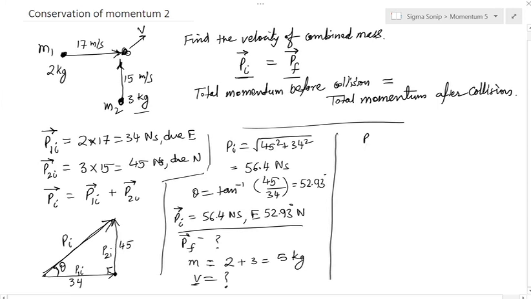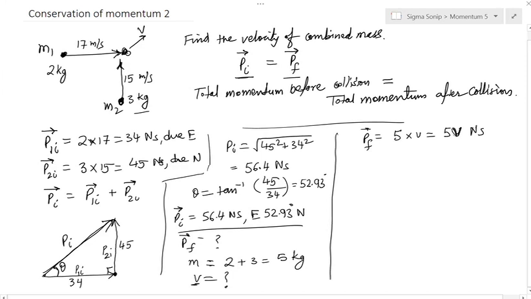So I can write Pf equals m times v, so 5 times v, I'll just write that as 5v, in newton seconds. Whatever the value of v is, that will give us Pf, and the value of v means we are talking about the vector v, including magnitude as well as direction.